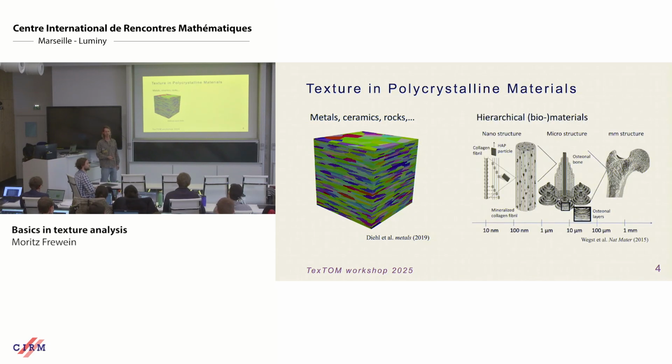Another big group of materials are hierarchical biomaterials, in particular biominerals. Here, the arrangement works a bit differently because it's a combination of organic material and crystalline materials. And they are hierarchical because we see that they are very organized in several length scales. Here, for example, we have the overall shape of a bone.